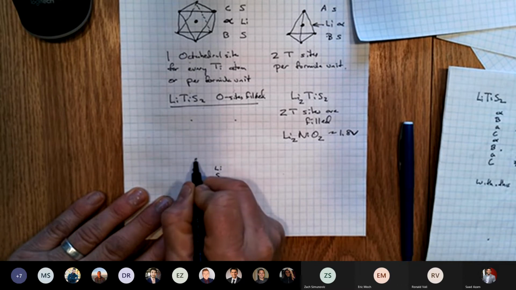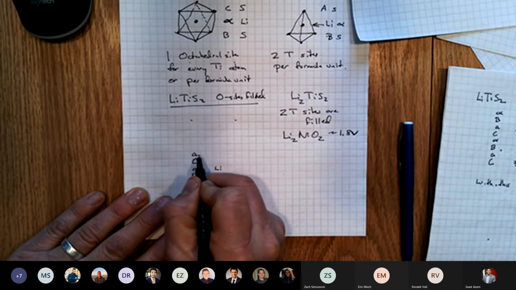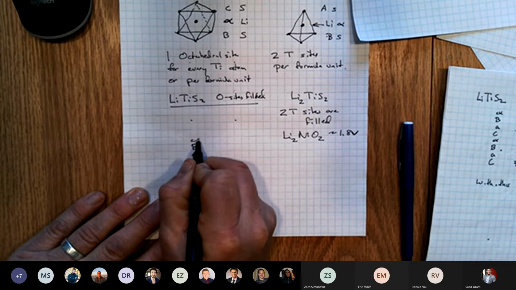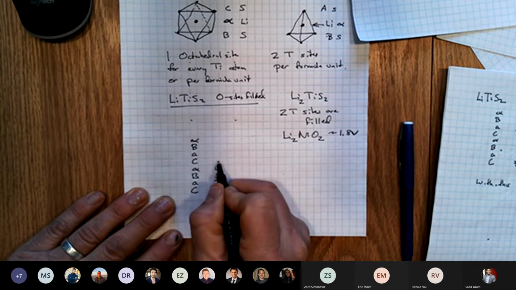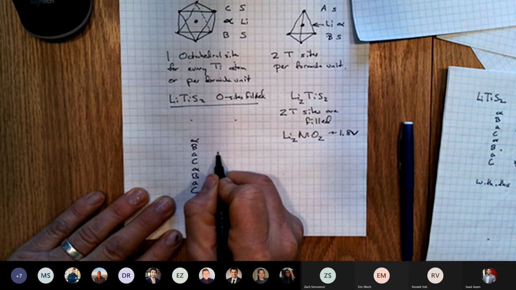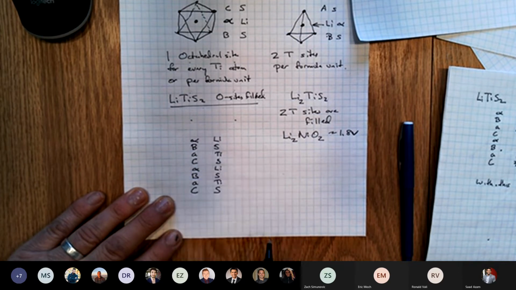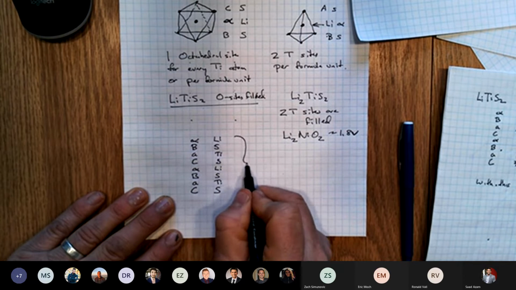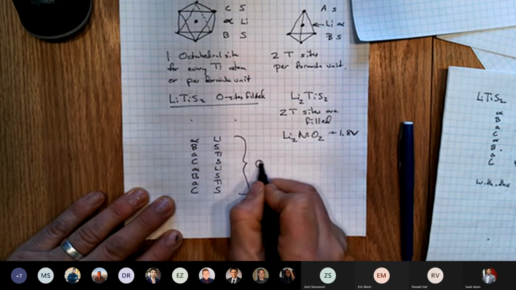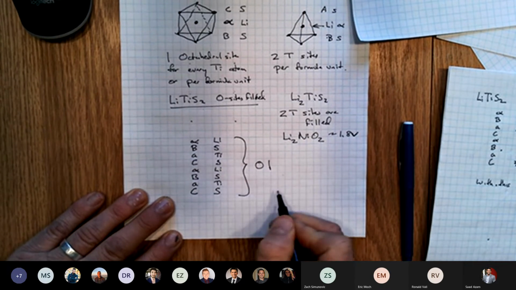And then you repeat C, A, B, alpha. Sulfur, titanium, sulfur, lithium. And this structure is called O1.